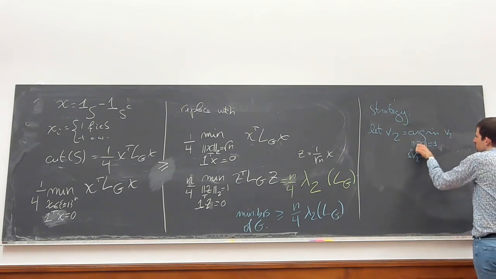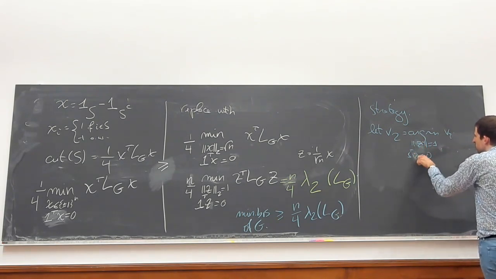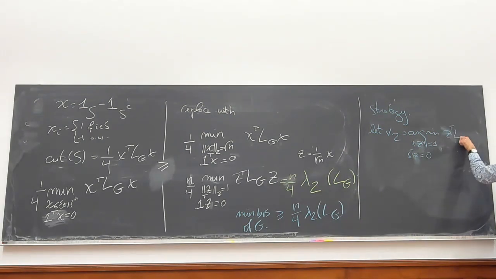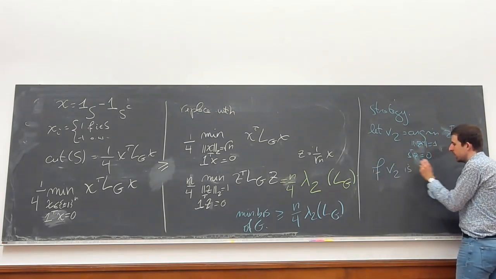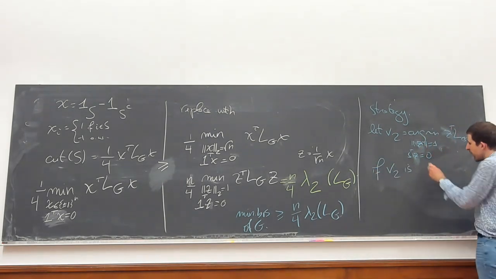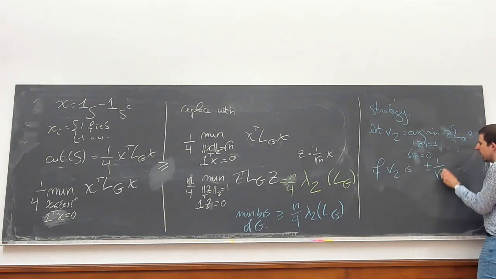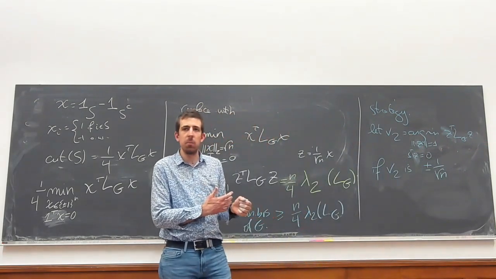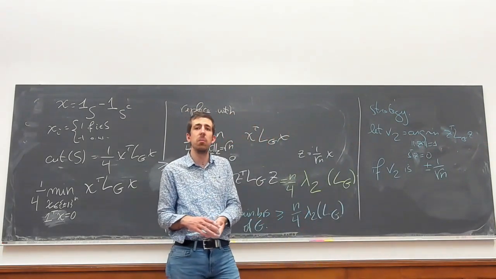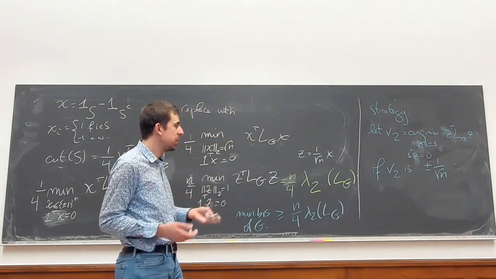Okay, I don't need to use the letter V2 when I just use Z. So if V2 is always plus or minus 1, or in this case plus or minus 1 over root n, then it's obvious what to do. You would just say the plus 1s become S and the minus 1s become S complement.